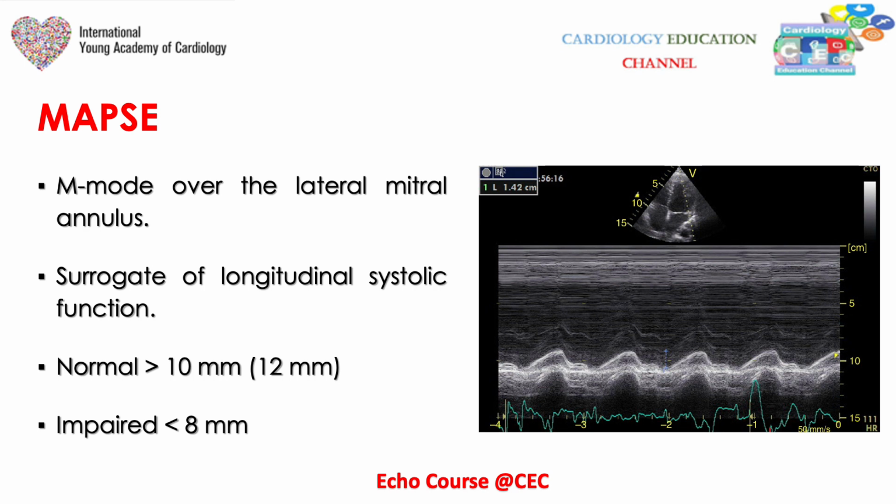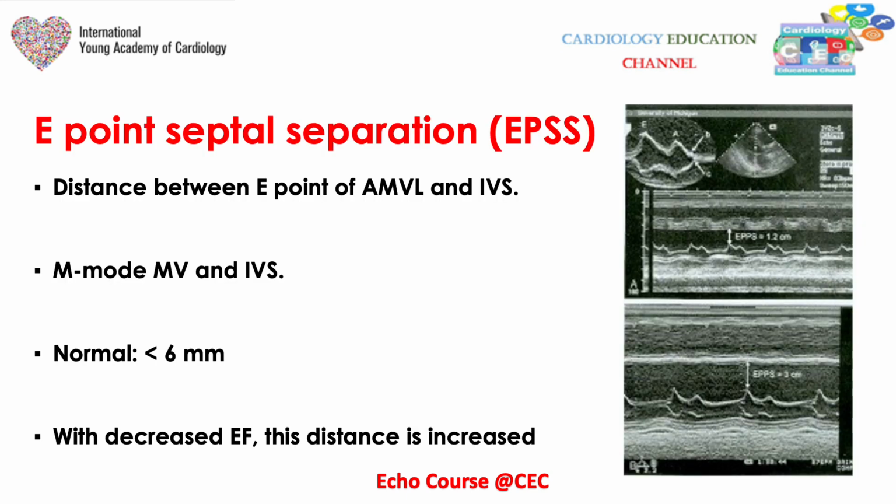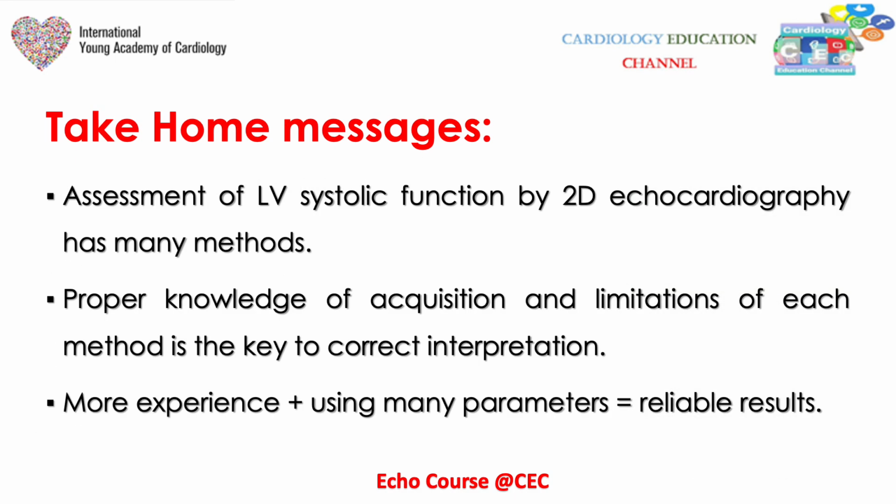It's normally more than 10, and some references consider it more than 12, but it's impaired if it is below 8 millimeters. The E-point septal separation is an old method for assessing LV systolic function. It's the distance between the E point of the anterior mitral valve leaflet and the interventricular septum on M mode, and it's normally below 6 millimeters. With decreased ejection fraction the distance is increased. So the greater the E-point septal separation, the more impaired the LV systolic function.